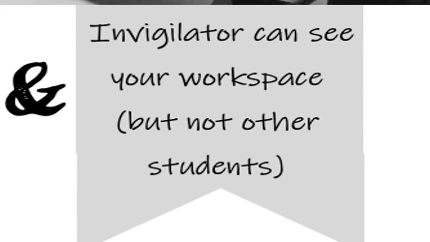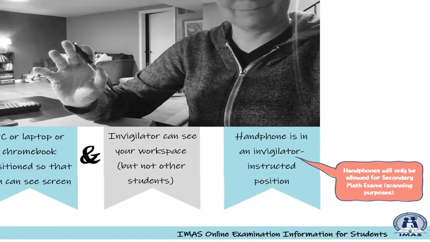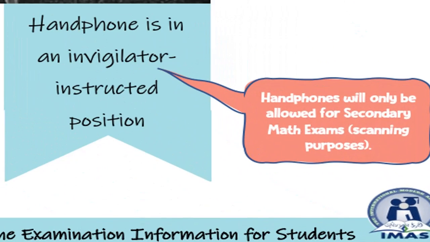Secondly, make sure that the invigilator can see your workspace but not other students. Third, your handphone must be in an invigilator instructed position. Remember that handphones will be allowed only for the secondary students during the math exam for scanning purposes.